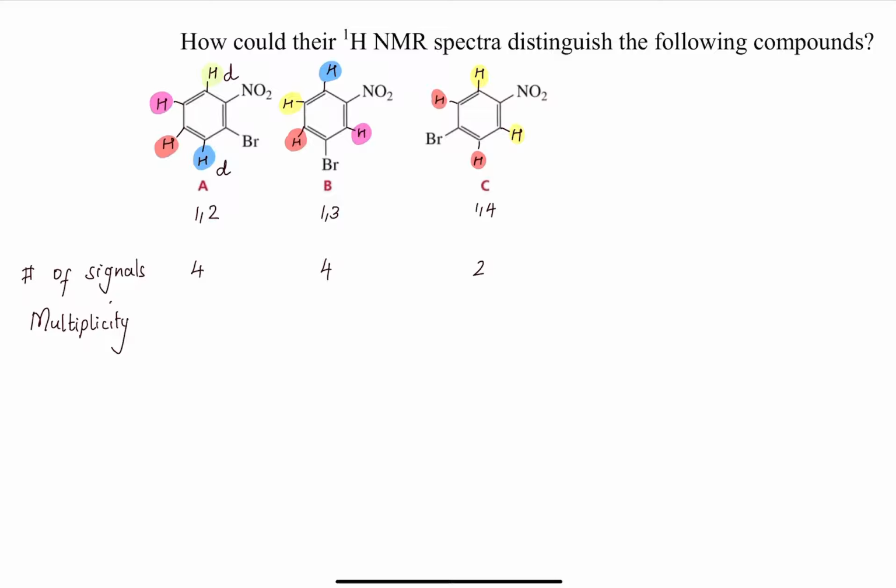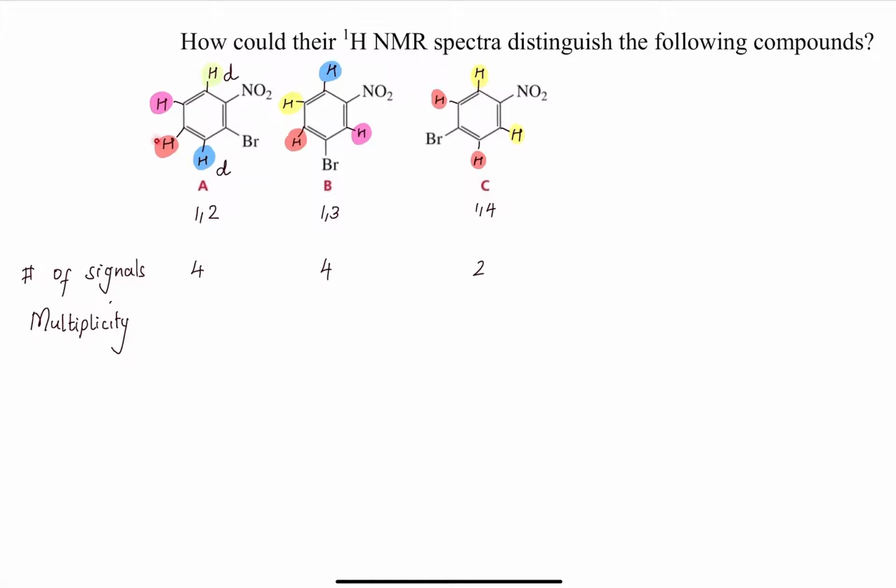Now let's go on to the next one. This proton has 2 neighboring protons, but these 2 neighboring protons are non-equivalent, and therefore it is split as a doublet first, and then that doublet is again split as a doublet. So this hydrogen, highlighted in pink, will be split by the proton highlighted in green first as a doublet, and that doublet will again be split by this hydrogen.